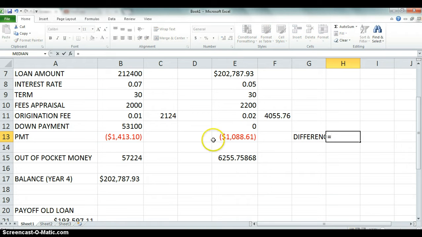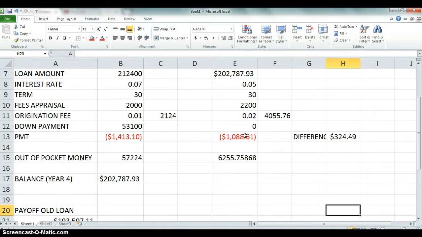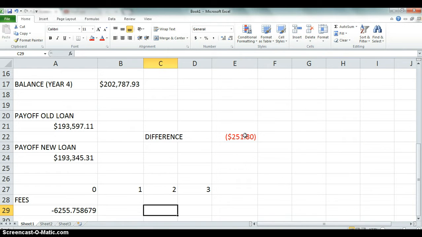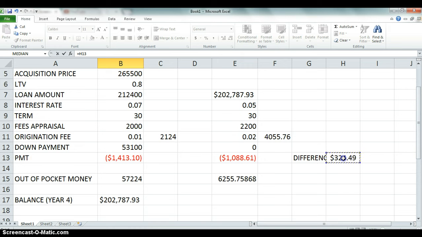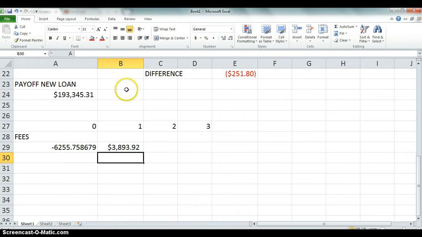The difference will be the first one minus the second one, and that is the difference of the payments from the new loan to the second loan. So now for cash flows, we're going to multiply the difference times 12, because that's the difference that we will be saving each month from changing to the new loan.